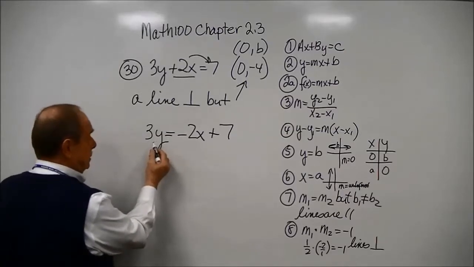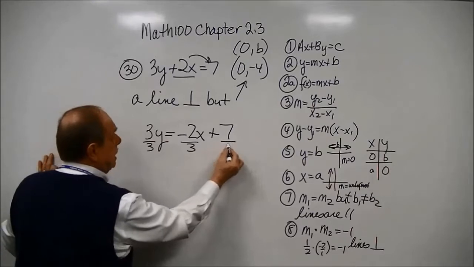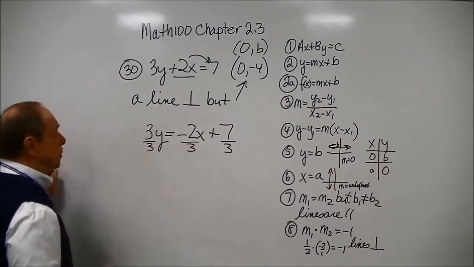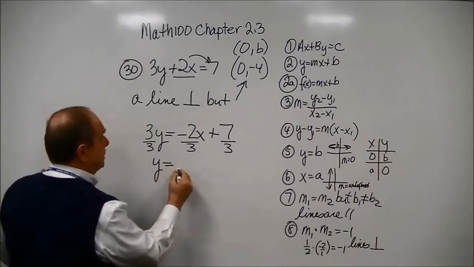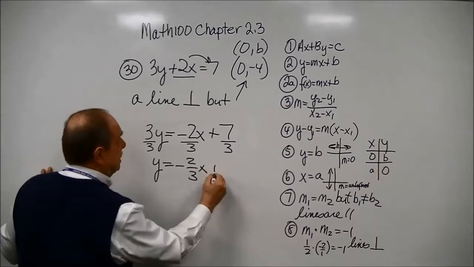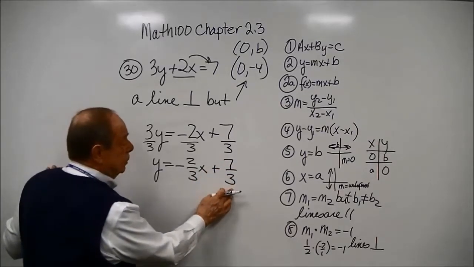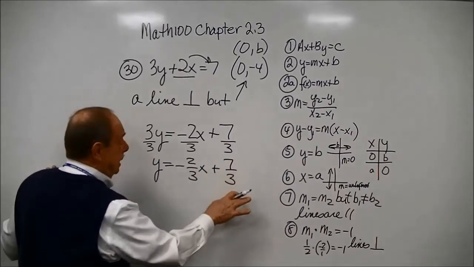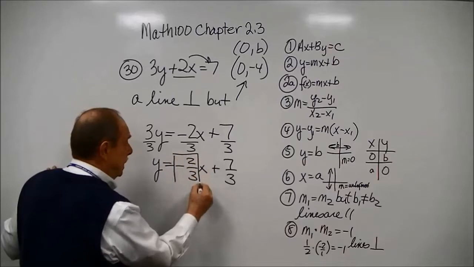Now I'm going to divide everything by 3 as we solve for the letter y, and we get y equals negative 2/3 x plus 7/3. Now this was the original y-intercept. We don't really need that. All we need to look at is this slope.